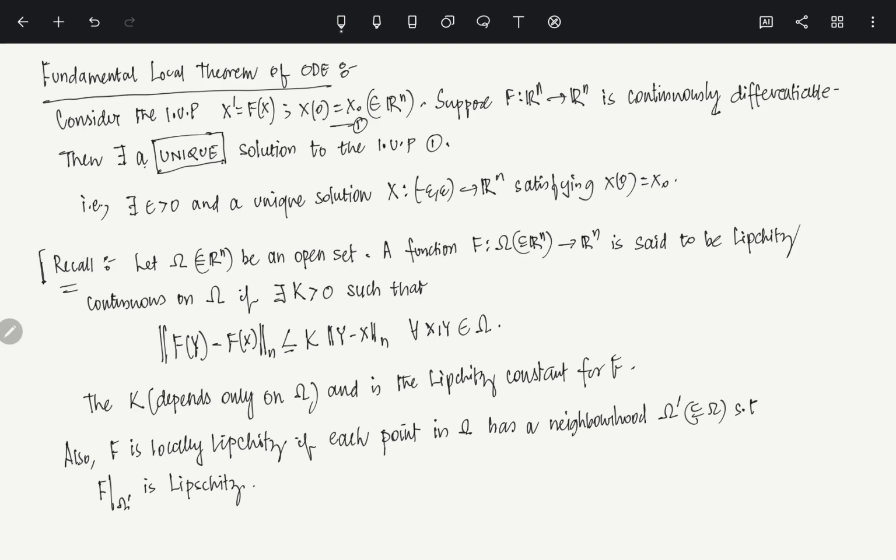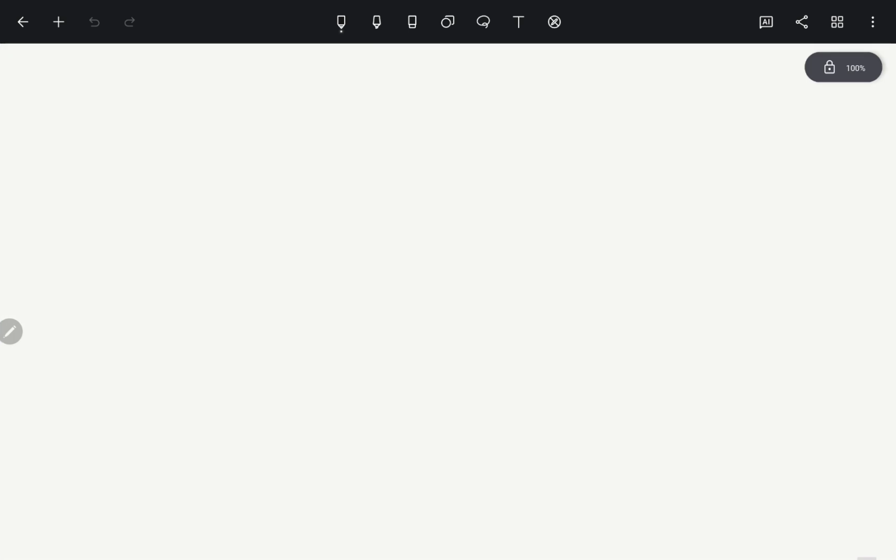Clear? And you do realize that in this case there is a Lipschitz constant, but that actually is going to vary according to omega prime. We have already covered all of this in the first week, so I am not going to elaborate, this is just to recall. Now you may ask why are you suddenly talking about Lipschitz continuity here? Because the statement of the theorem does not say anything about Lipschitz continuity, but we are going to use this. This is a very, very important property in that sense.